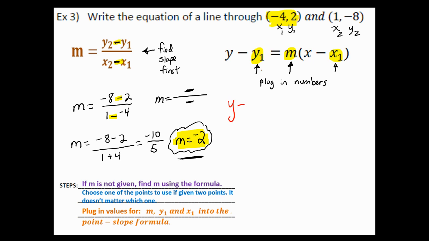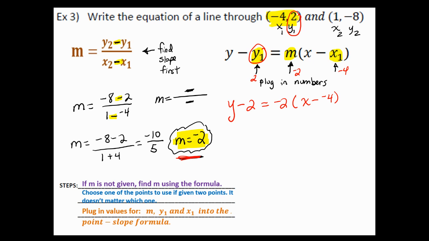So y minus, what's the y sub 1 number? It's going to be a 2, coming from right here, top right. So we're going to plug in a 2. Equals, what's the m number you found? A negative 2. You found that right over here, right? Parenthesis x minus, what's the x sub 1 number? Negative 4.